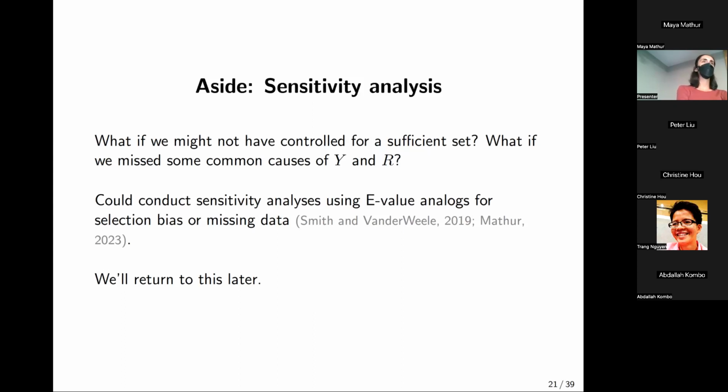We might try to control for confounding as best we can, and then do sensitivity analyses to query how much the results could change if we've missed some of the confounders. And so we could conduct sensitivity analyses that are very closely analogous to those for confounding. Some of these are work of Louisa Smith and Tyler VanderWeele, and there's also another approach that I may touch on at the end if we have time.